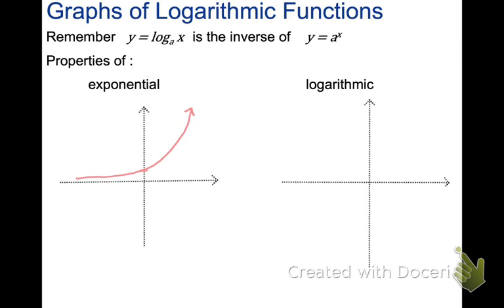We had some things we knew about exponentials, right? The y-intercept was 0, 1. It had a horizontal asymptote at y equals 0. It's increasing. The domain is all real numbers.